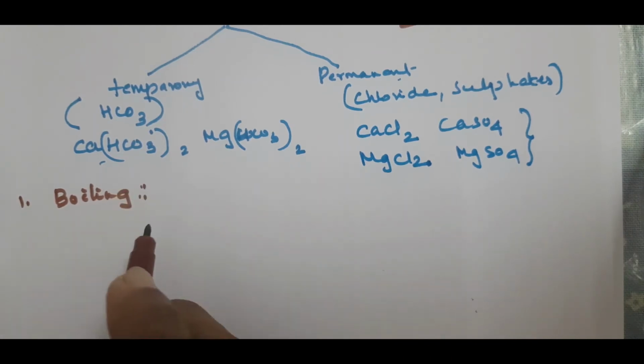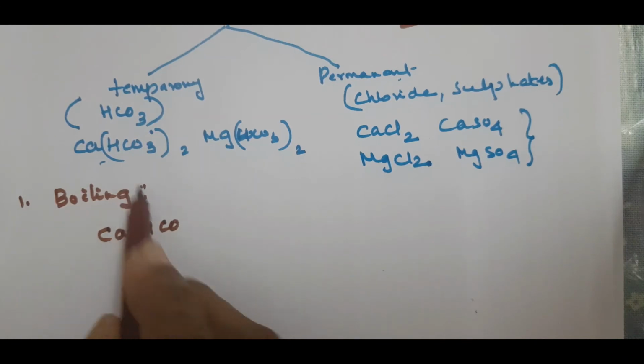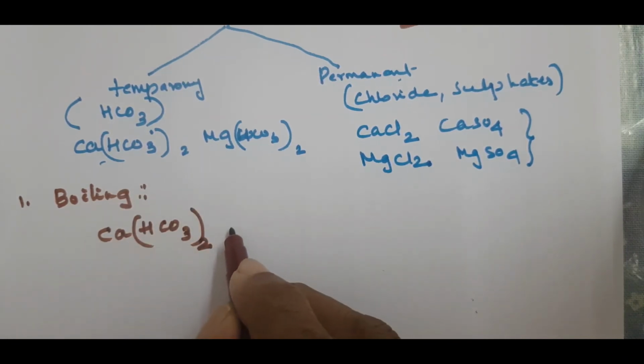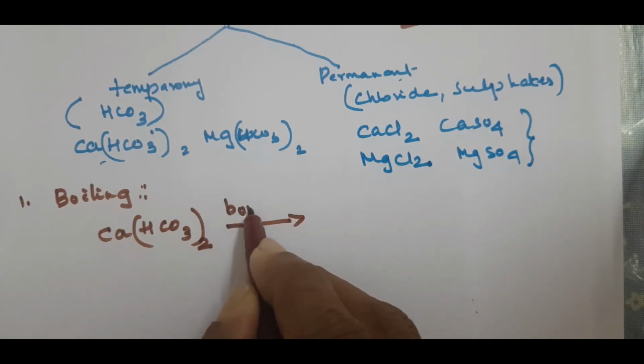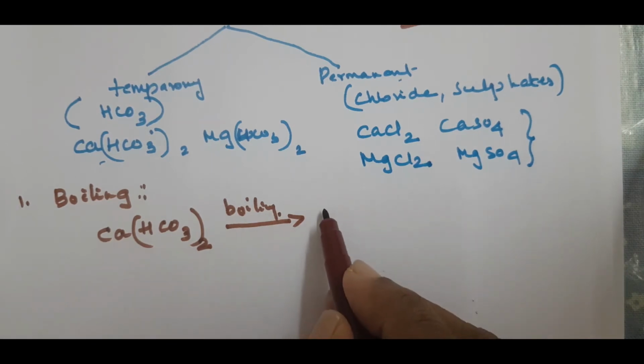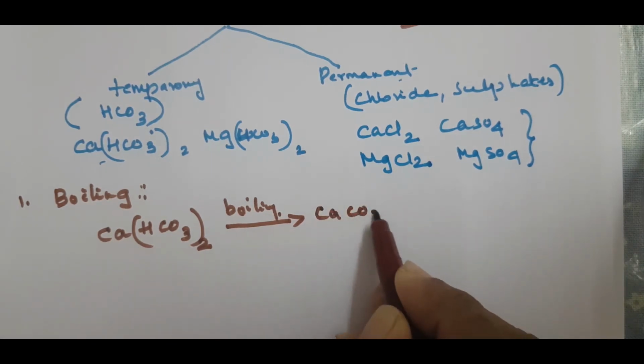If you boil it, I can write it in a chemical equation. For example, the soluble calcium bicarbonate, the valency is two, so we are putting this calcium bicarbonate on boiling. This calcium must be removed, isn't it? The calcium must be removed. So what happens? This will form calcium carbonate.